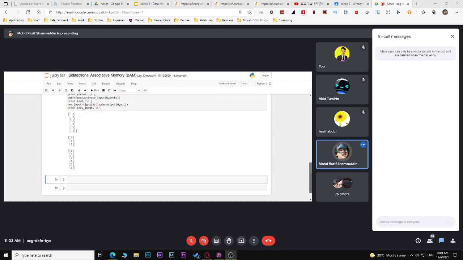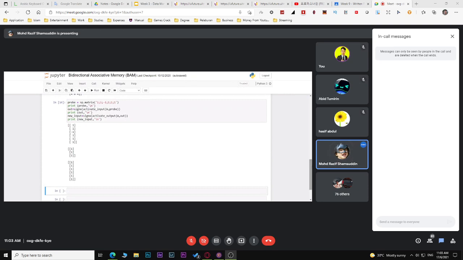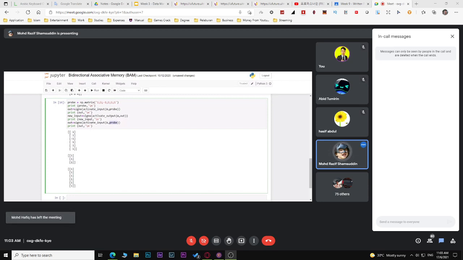Tapi tak habis lagi. Sebab apa? Sebab kita tak tahu sama ke tak pair dia kan. So lepas tu barulah kita buat lagi sekali. Output adalah group ni adalah new input.